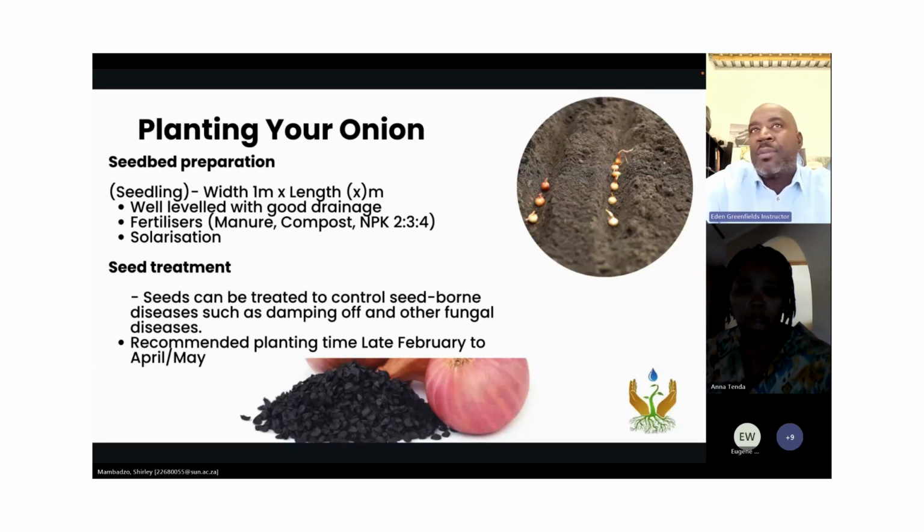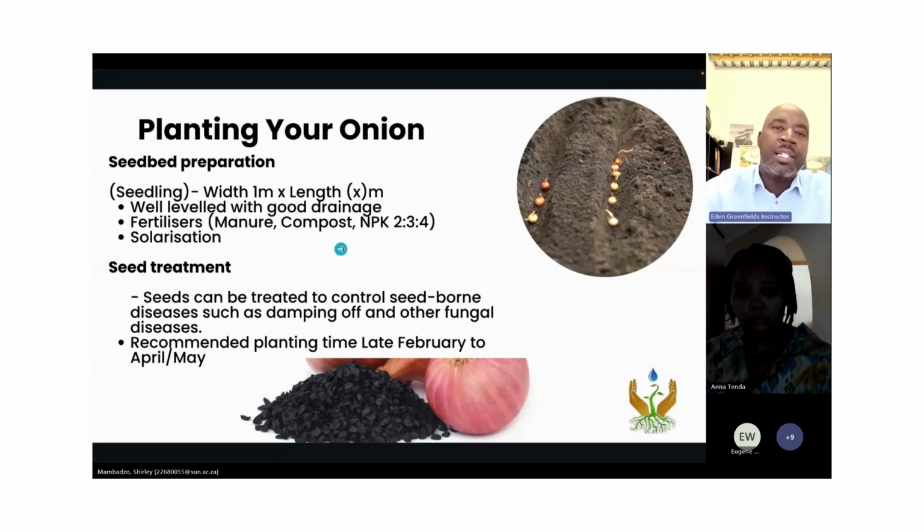You can do tray growing where you raise your seedlings in a tray and then you can transplant into the ground. But when you are doing it at a large scale, then you need to make sure that you have got seed beds that you prepare.